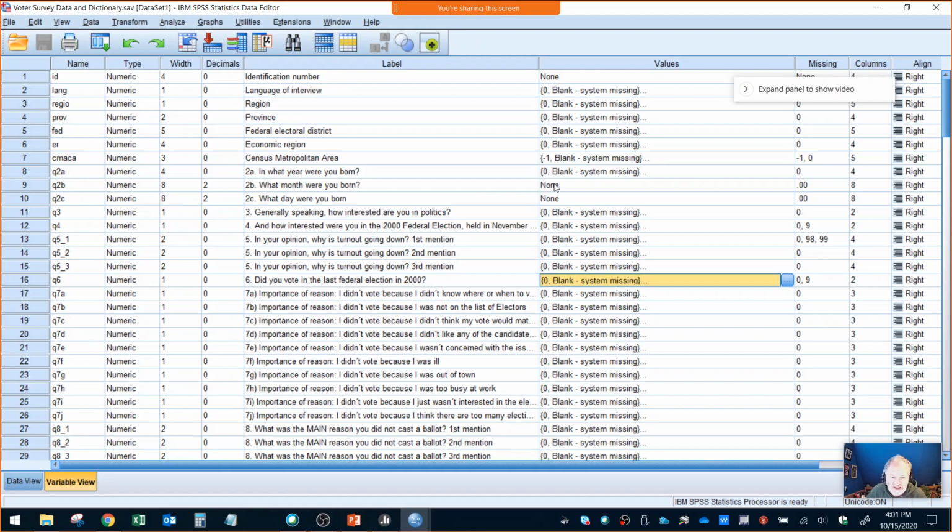This isn't what SPSS actually works with. It's giving you a view, putting a filter on and laying on top of the numbers what those numbers represent. In this case, the number 1 represents voted, and number 2 represents did not vote. And I can toggle that off. So that is the metadata about the variable.